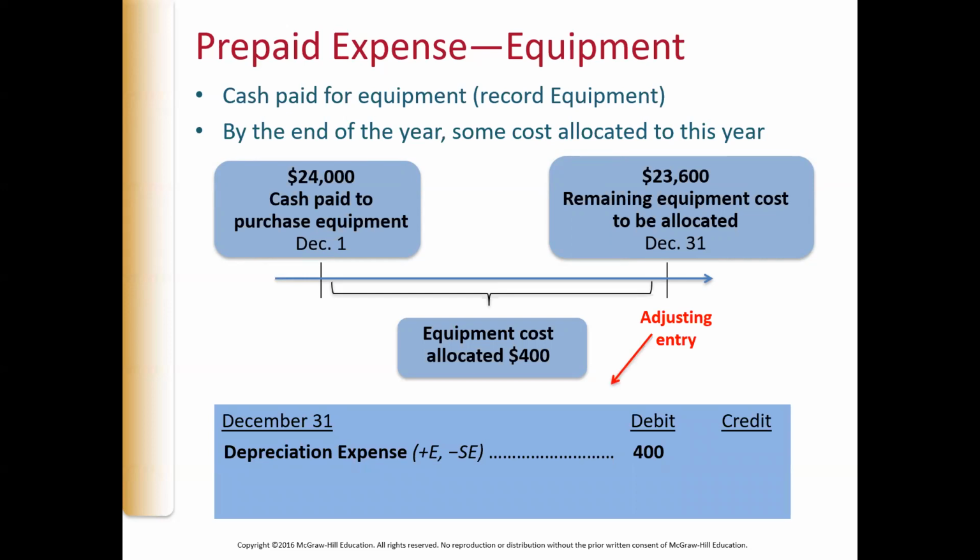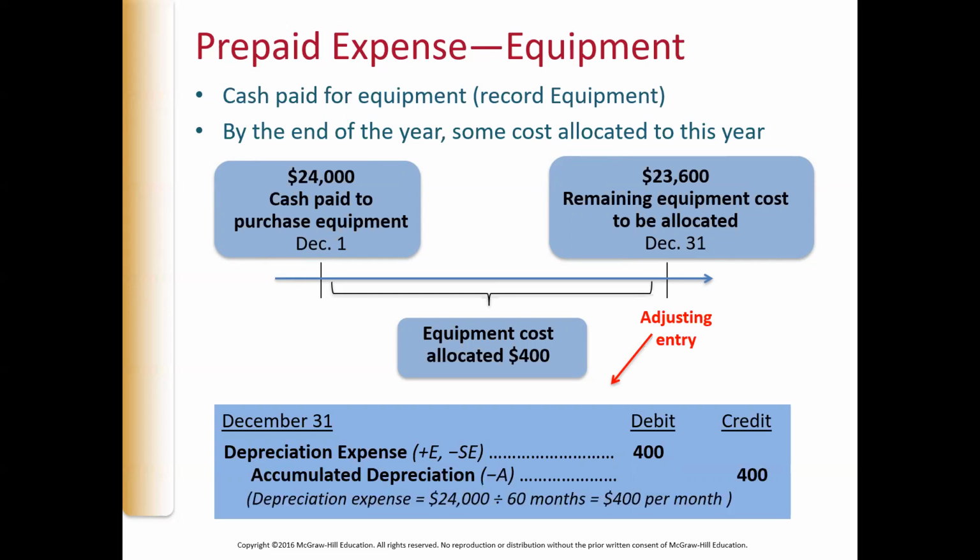So in this example, we're showing that $400 of that $24,000 of equipment got used up. So we debit our depreciation expense and we credit a new account we're going to look at called accumulated depreciation.